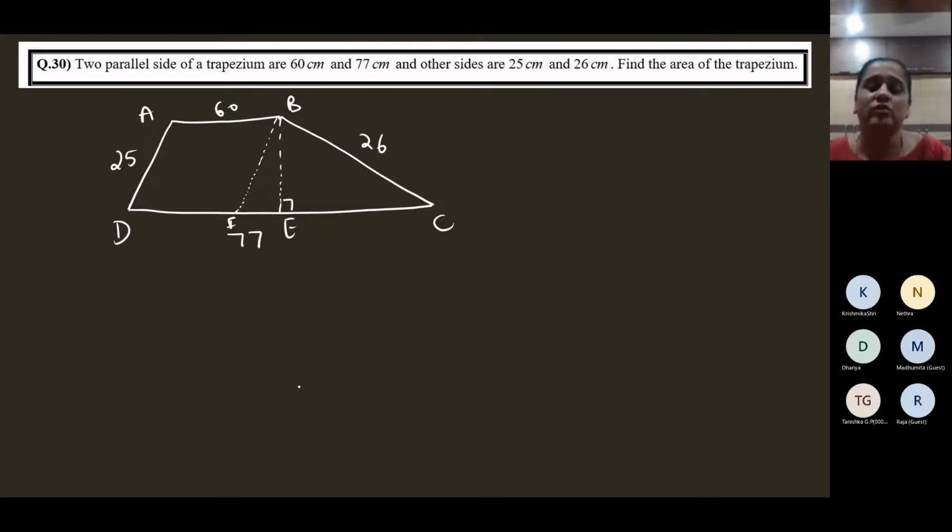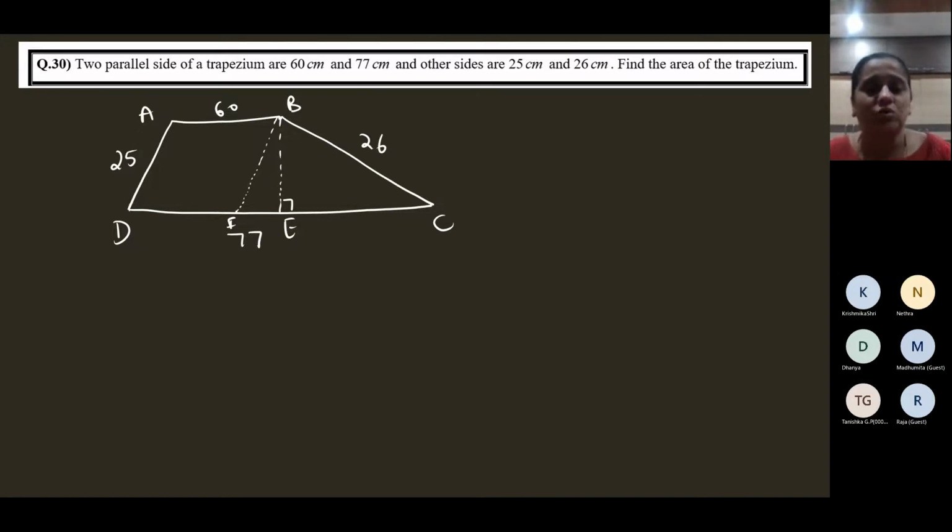So two things you have to do. One obvious thing is you do not know the distance between the parallel sides, so you'll have to drop BE, the perpendicular, from B on DC. Then the other thing is that we have to divide the trapezium into two plane figures, one parallelogram and another triangle.